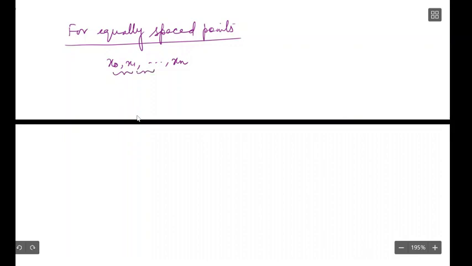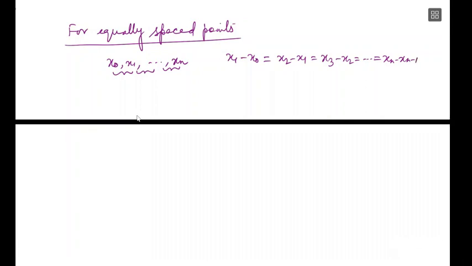The space between two successive points are same, that is x1 minus x0 is same as x2 minus x1, that is again same as x3 minus x2, and this way up to xn minus xn minus 1. Suppose this step length, that is the difference between two successive points, is h.